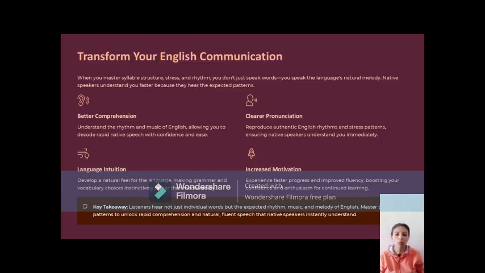Unstressed syllables are always pronounced faster than stressed syllables, which also helps the listener focus on the most important words, the stressed ones. For example, in the sentence, "I saw a tree," the words "I" and "a" are unstressed, while "saw" and "tree" are stressed.